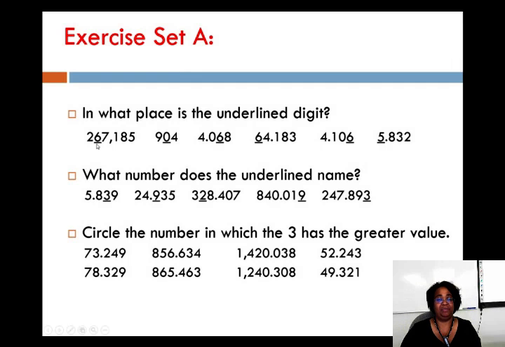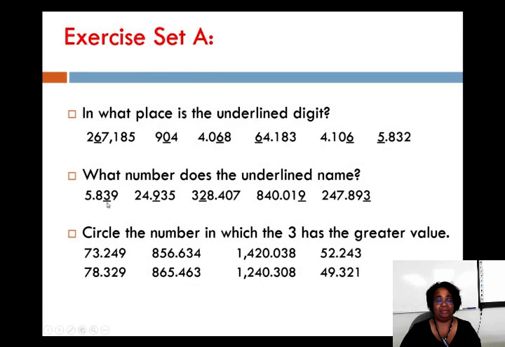Okay, so what's the place value of the 6? And the 0? Tens. And 6? Hundreds. 6? Tens. 6? Thousands. And 5? Ones. Okay, what number does the underline name?